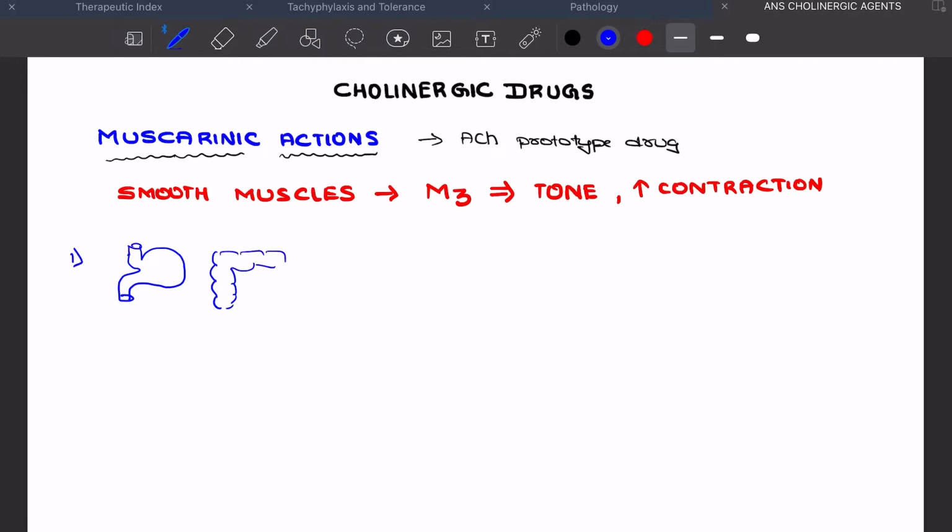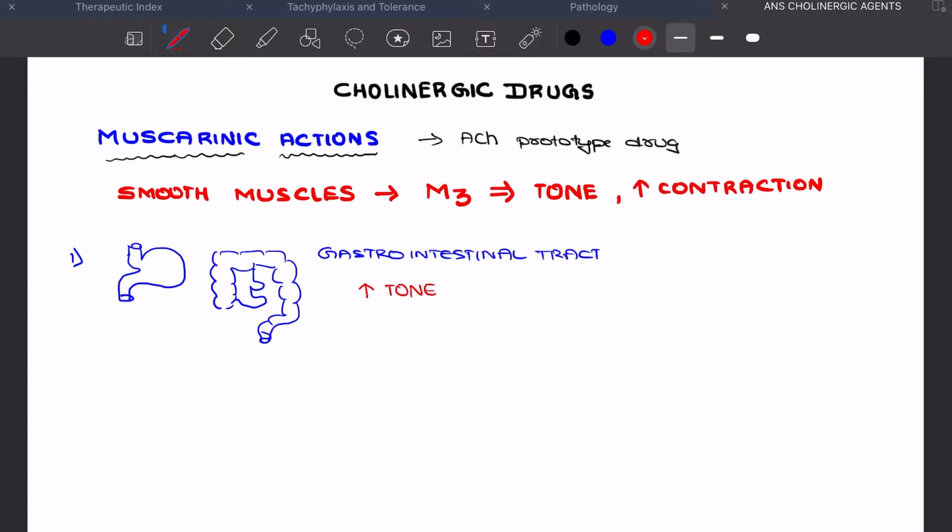gastrointestinal tract. So what happens in the gastrointestinal tract? Basically in the gastrointestinal tract, there will be an increase in the tone.